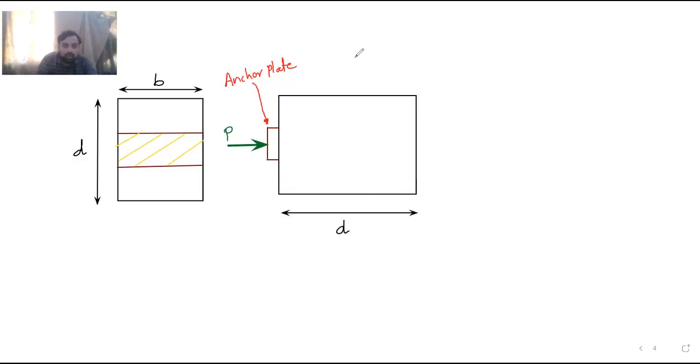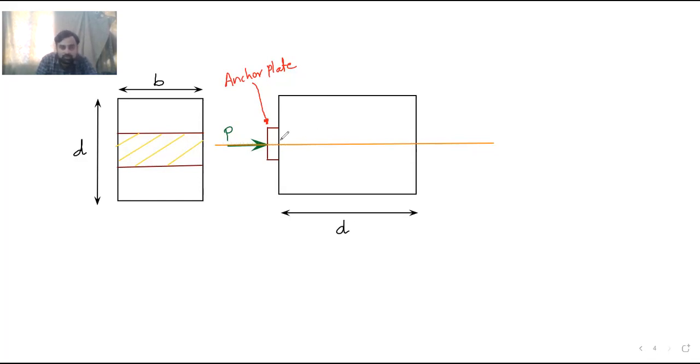If I show this in the diagram, first I will draw the neutral axis of the beam.